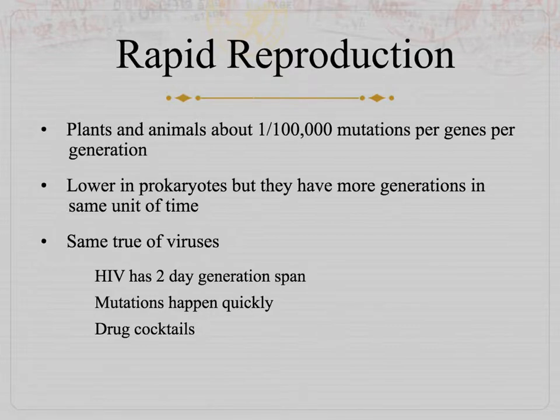So because mutations can happen very rapidly, that's why people that have HIV, you'll hear them being on drug cocktails, which sounds kind of funny, but it's basically a bunch of different drugs, hoping that not all of the virus particles will be immune to all of the different drugs at the same time.